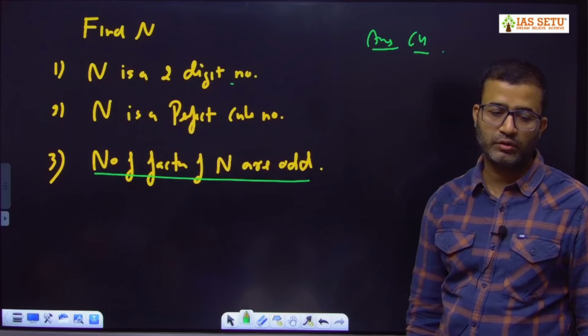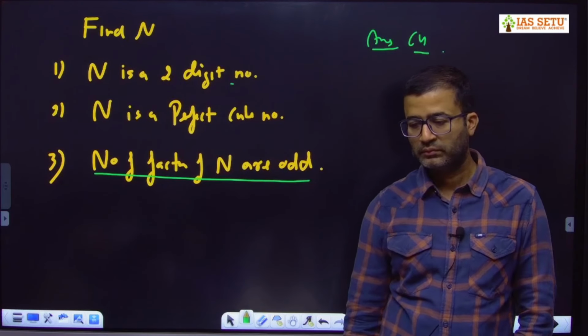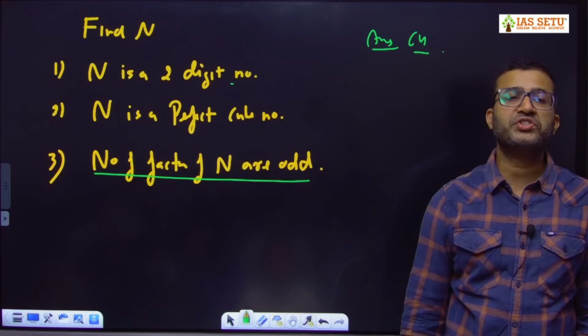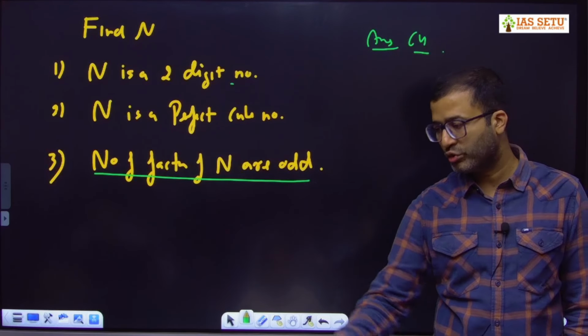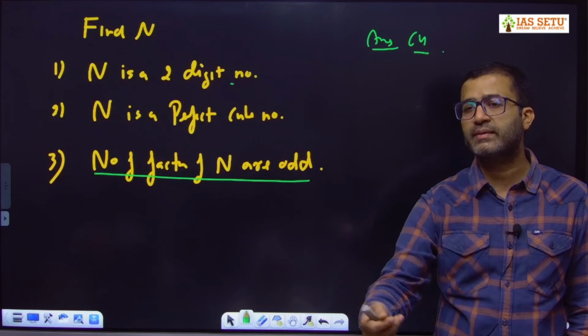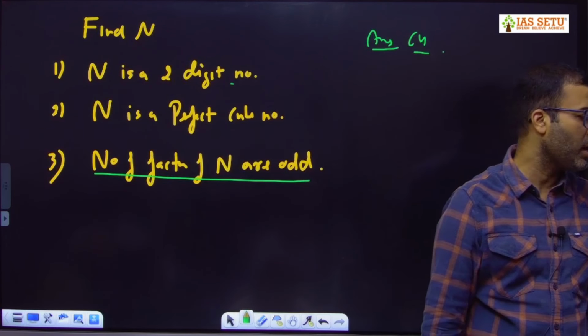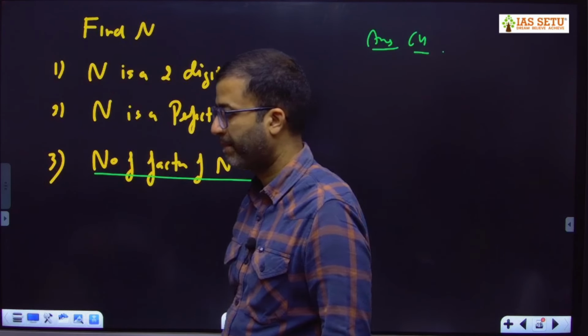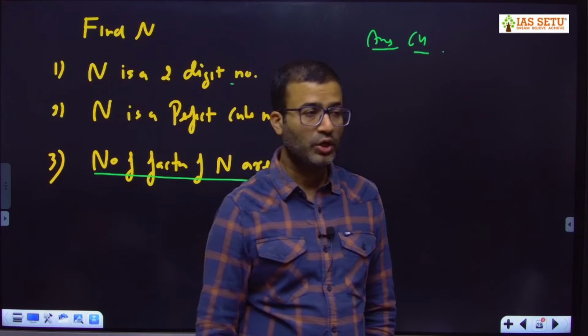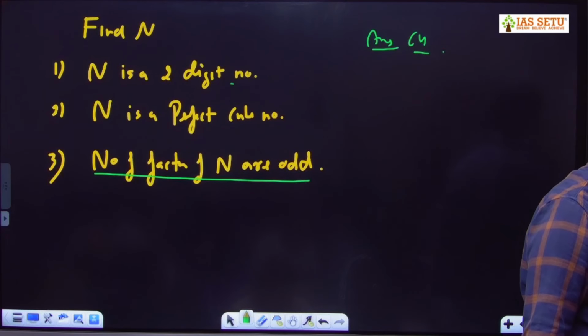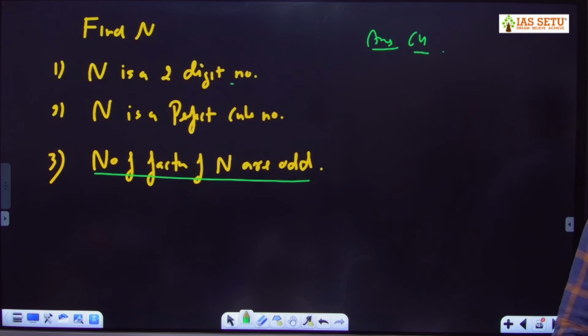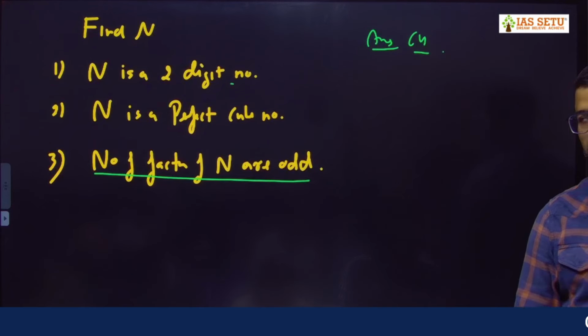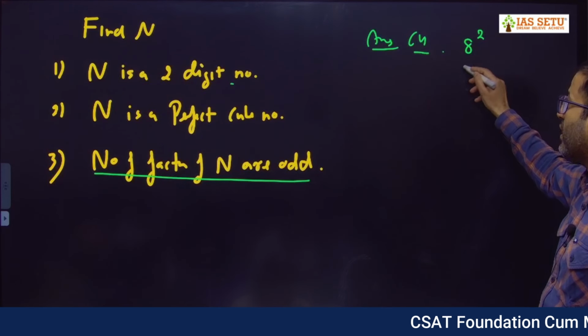Then I tell you the alternate method also. 64 is the only 2-digit number. ये कुछ स्पेशल नंबर है जो याद रखने हैं आपको. 64 is the only 2-digit number which is a perfect square number as well as a perfect cube number. It is 8 square and 4 cube.